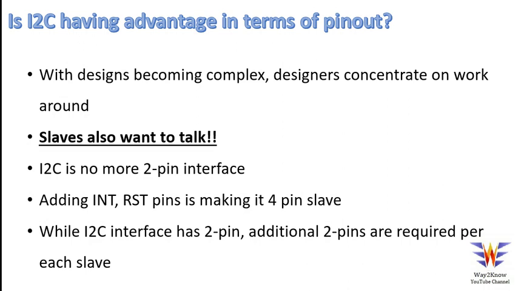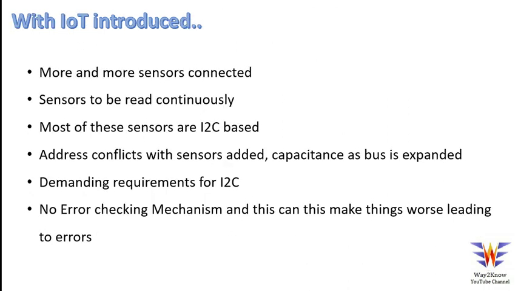That means you need more pins. It occupies more space on the PCB, and the pinout of the processor or the controller you're using has increased. So definitely if your slave wants to talk, the advantage of the pinout, which we used to claim, that this is the simplest two-wire interface, is no more there.